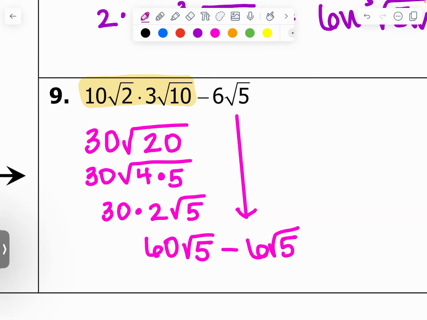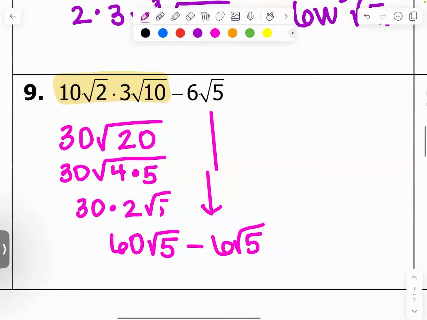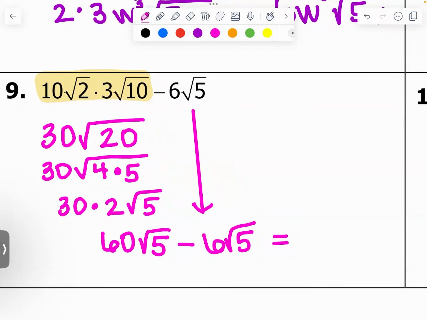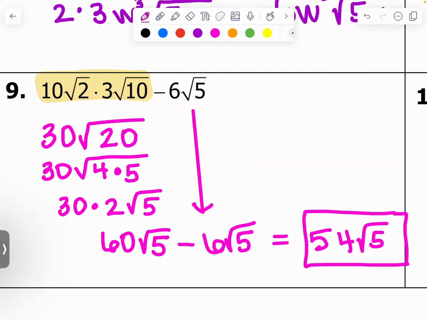Do you think it's a coincidence? No, I think it was planned that way. Nothing's a coincidence. So we have like terms with our radical 5s. So we have 54 radical 5. Kyron, is that what you got for your answer? Yes. Okay.